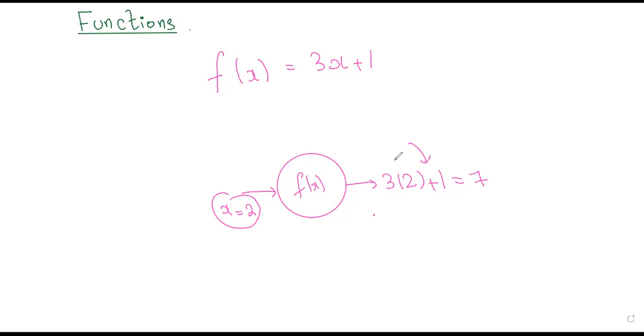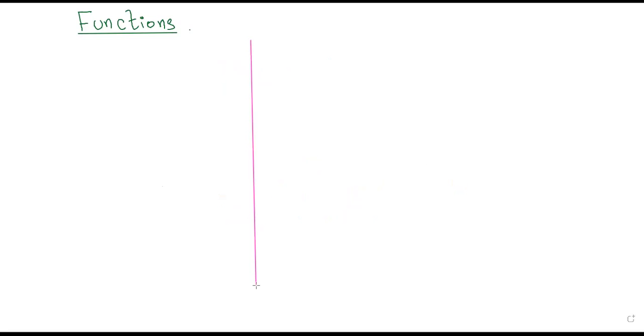Okay. So let's say we have been told that we have 3 functions. So it is f of x equals 3x plus 1. Then you have been told that g of x is x minus 8. And then a of s is s multiplied by s.